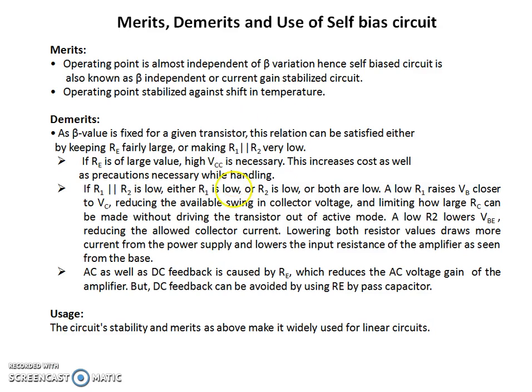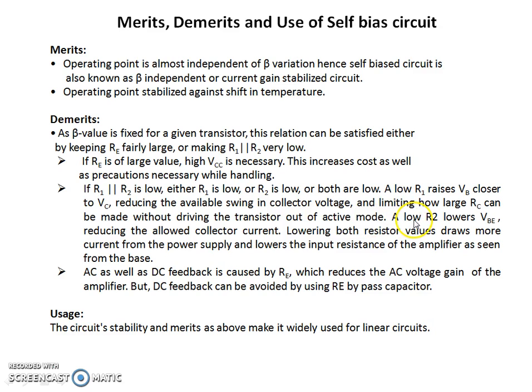If R1 parallel R2 is low, necessarily you have to keep either R1 low or R2 low or both low. A low R1 raises base potential closer to collector potential, reducing the available swing in collector voltage and limiting how large RC can be made without driving the transistor out of active mode.